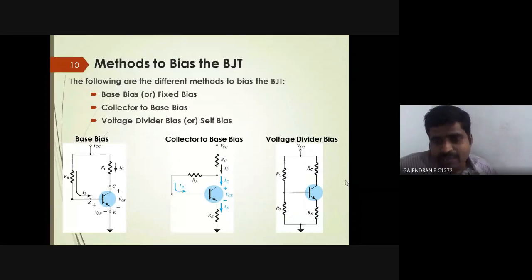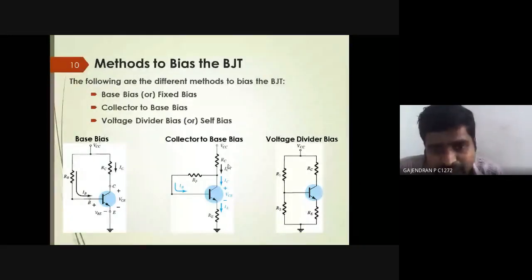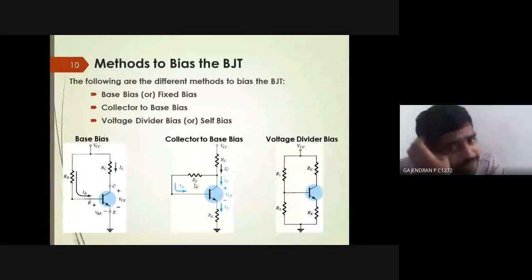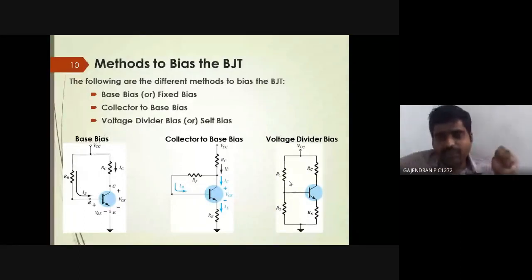Okay, please note down all the things and also remember the resistor values and how they are named. This is RC, this is RE, this is RF, this is not RB. If I put RB, you will get confused with the previous circuit. Then in the voltage divider circuit, R1, R2.